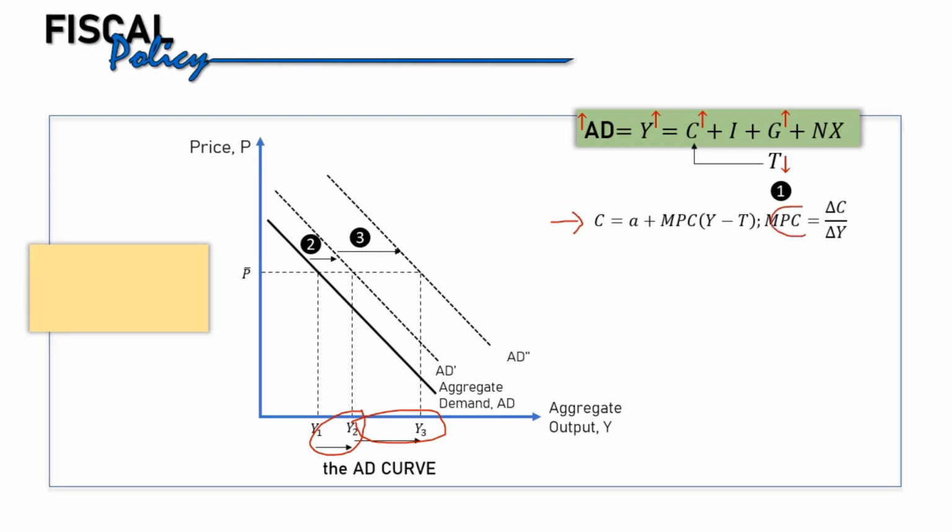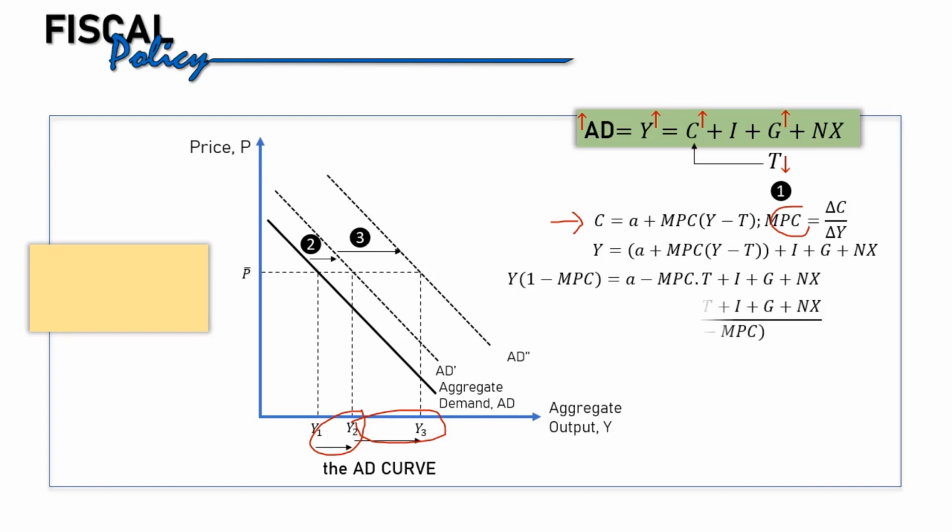MPC is delta C over delta Y, or the impact of Y to C. So we have Y equals A plus MPC times Y minus T, plus I plus G plus NX, and with simplification we got this. And look, the final result is here: Y is expressed solely on the left side of the equation, and Y is A minus MPC times T plus I plus G plus NX, per 1 minus MPC.